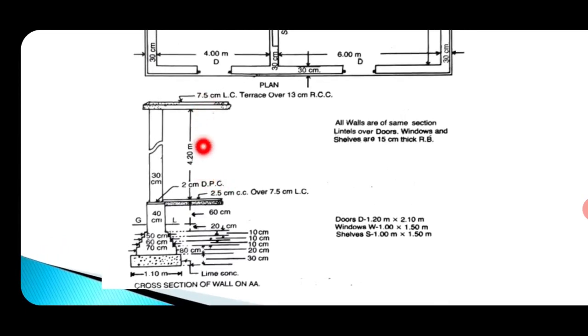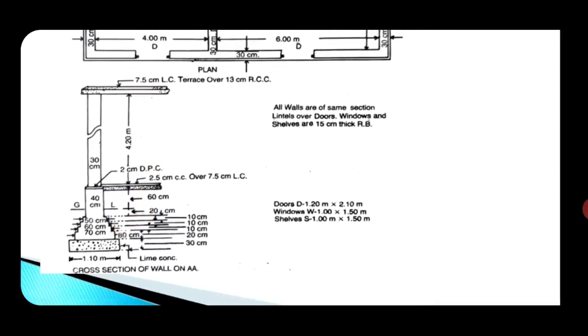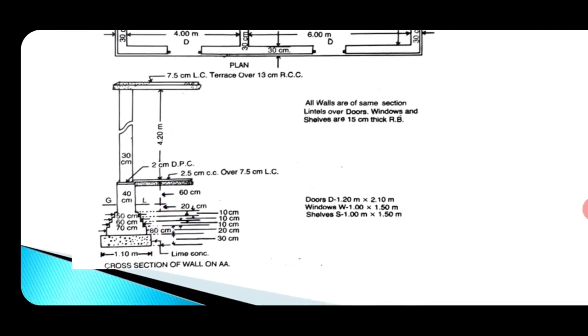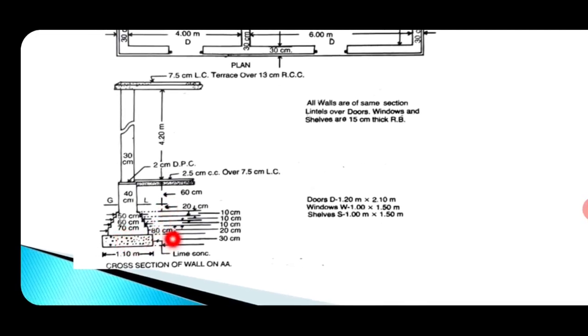So see, you can see here this sectional elevation, this one is the ground level which is marked as GL, and the bottom portion is made up of cement concrete. Then above this cement concrete there are 3 numbers of footing.